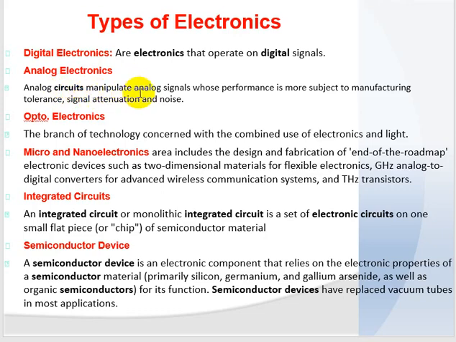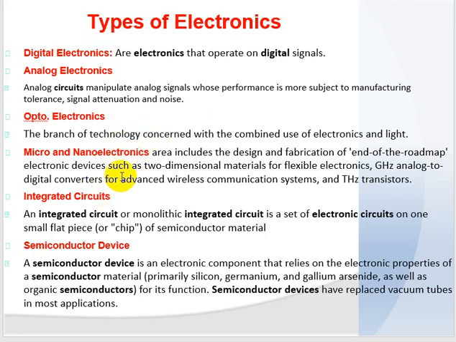Analog circuits manipulate analog signals whose performance is more subject to manufacturing tolerance, signal attenuation and noise. So analog signals are dealt with in this type of electronics. Then the third one is optoelectronics. If we study electronics and light together, this combination or branch of technology is called optoelectronics.